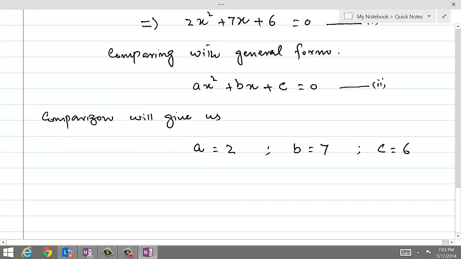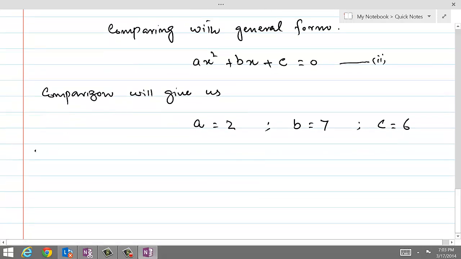And we know that as step 2 of the procedure, we are going to find the value of the product AC. Product AC is equal to the value of A, which is 2, times 6, which is the value of C. So this is equal to 12. And this time the product AC is positive.